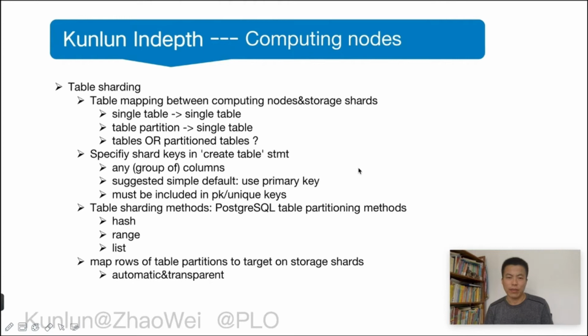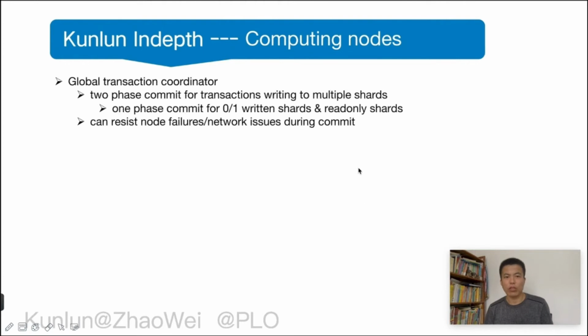Next, the global transaction coordinator. It does two-phase commit for transactions that write to multiple storage shards, and it does one-phase commit for transactions which write to one shard or zero shards, and also for the local branches that are read-only. Kunlun's global transaction can resist node failures and network issues during commit.